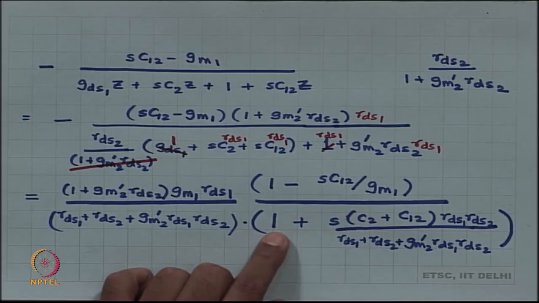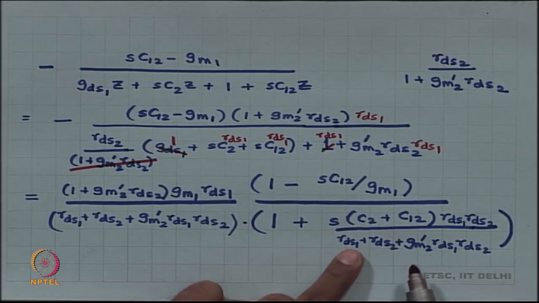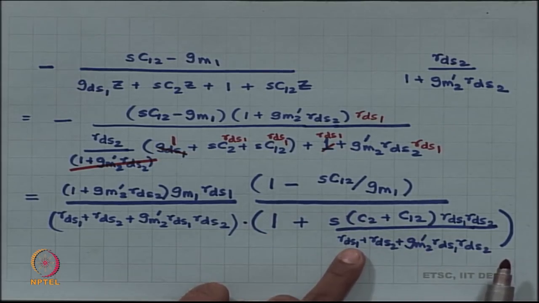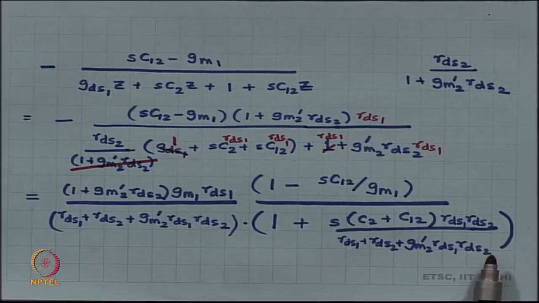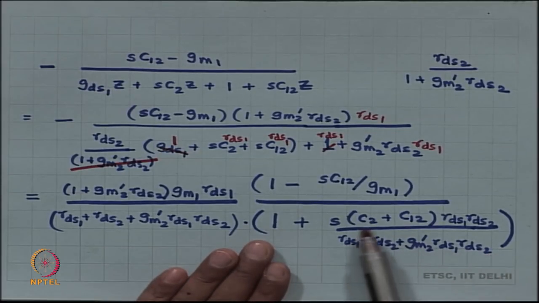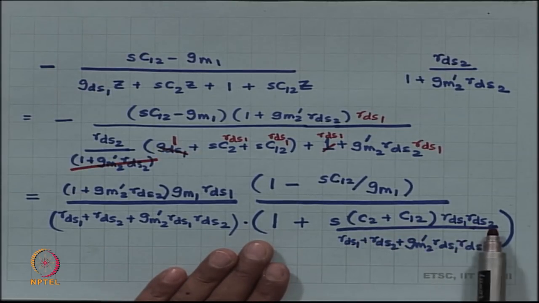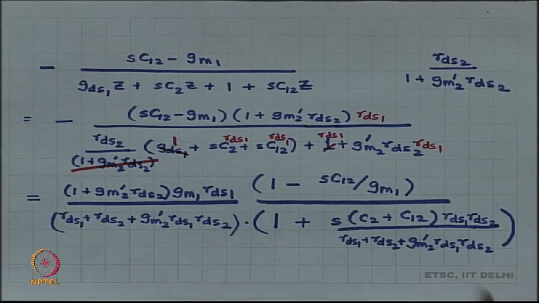Okay. Next we have got a pole, there is a left half plane pole which is very nice, simple pole on the real axis, negative real axis. Okay. C2 plus C12 times RDS1 RDS2 divided by a gigantic resistance.